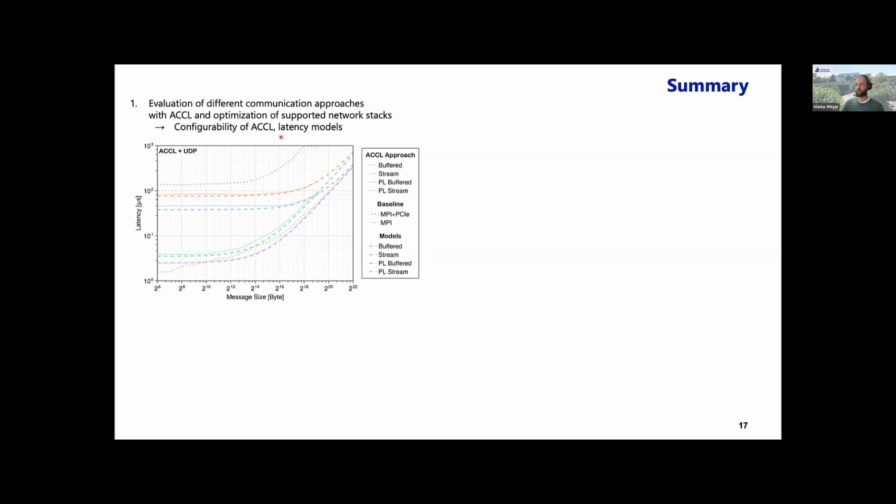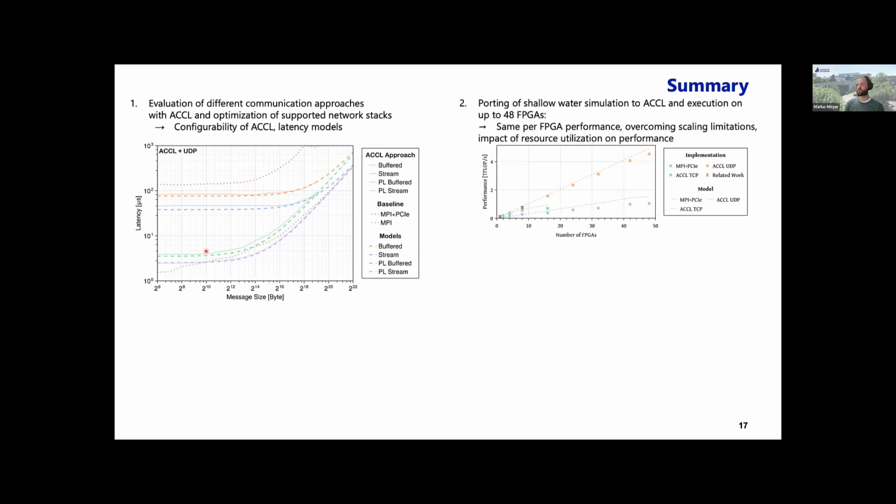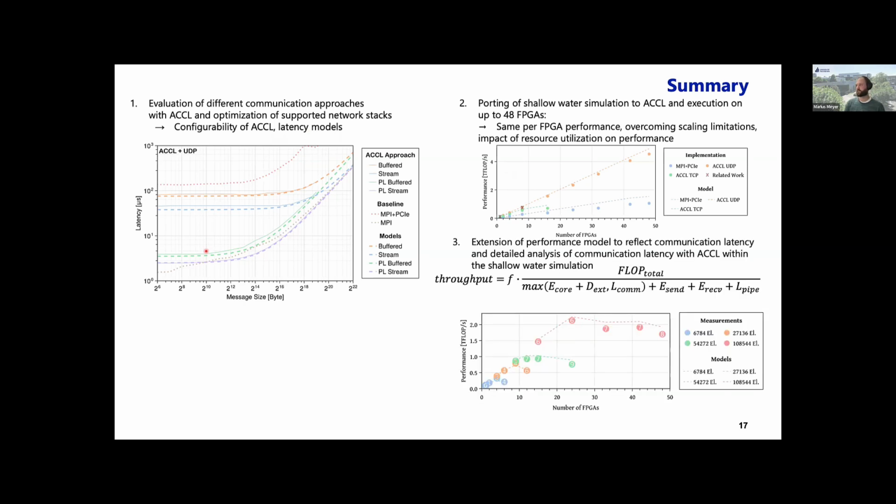And we also came up with these latency models for the different kinds of communication that we could then use in a second step to actually improve the performance model of our shallow water simulation, and also explain the strong scaling limitations that depend on the maximum number of neighbors in our partitioning scheme.